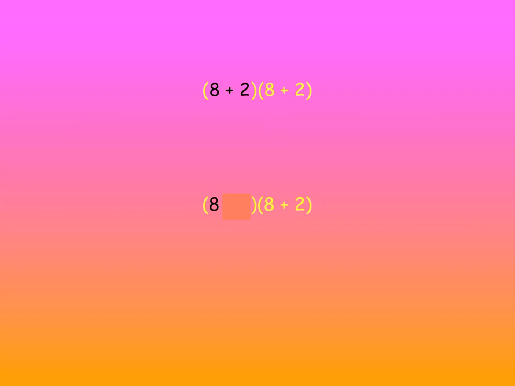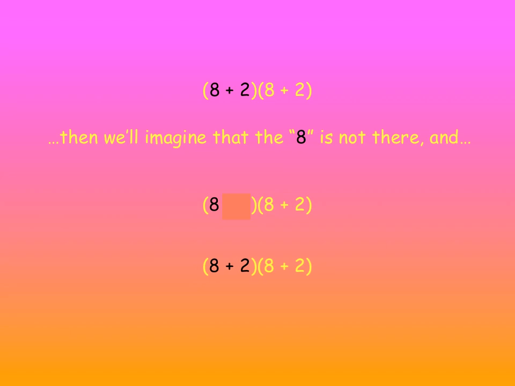Then we'll imagine that the 8 is not there. So we'll pretend that's gone. And then we'll multiply 2 times the first number, and then multiply 2 times the last number. So we'll do 8 times the first number, 8 times the last number, and then 2 times the first number and 2 times the last number.